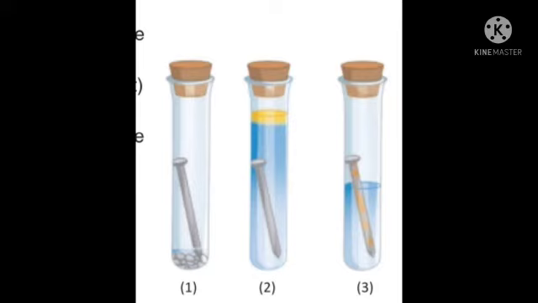Now we can see one of the activities. What's the aim? To show that rusting of iron requires both oxygen and water. What are the materials we need?